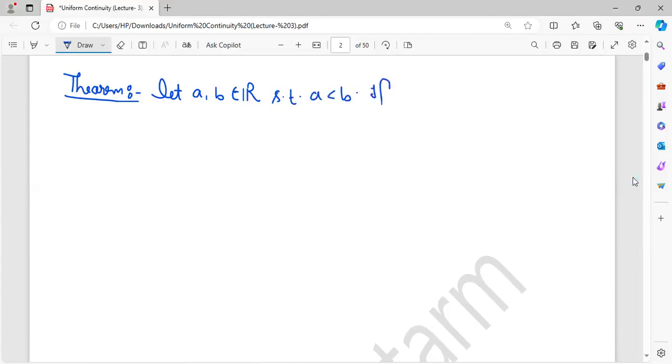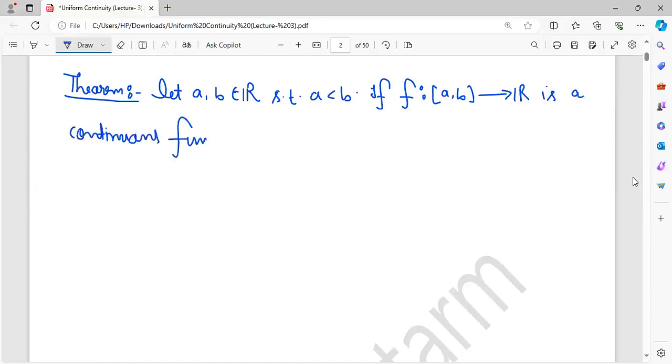If f on the closed interval [a, b] to R is a continuous function, then f is uniformly continuous on [a, b].